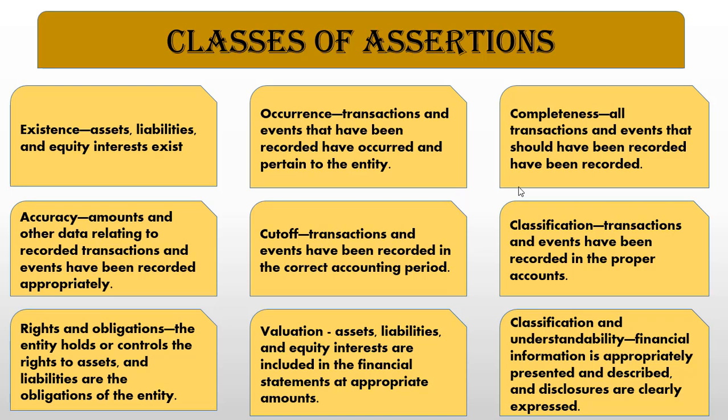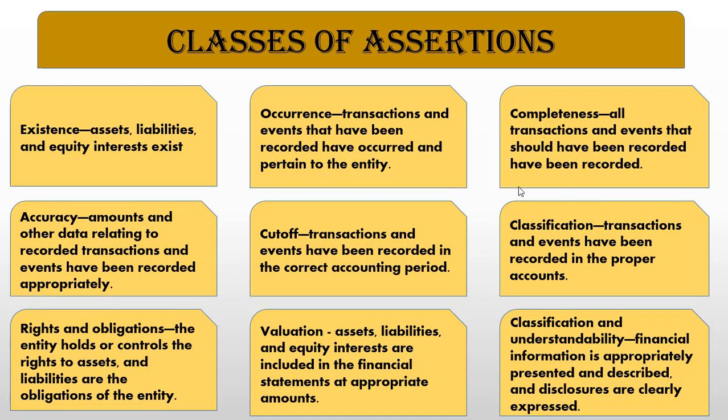Valuation is where we, as an auditor, determine whether the amounts included in financial statements are at the appropriate amount. Classification and understandability: financial information is appropriately presented and described, and disclosures are clearly expressed.